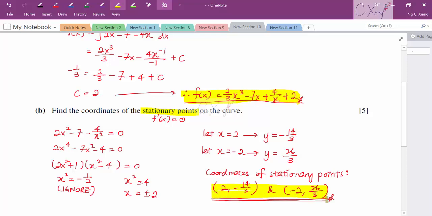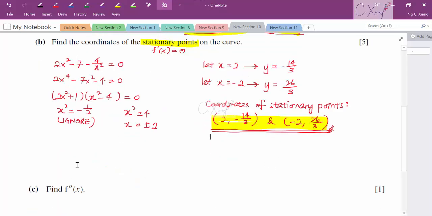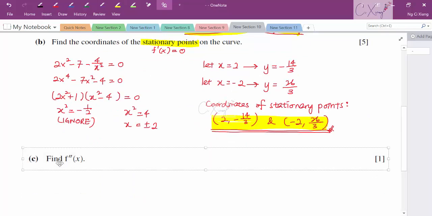Alright, okay, then next, for part C, they want us to find f double prime x. Again, I will write out the original function for f prime x, where I have 2x squared minus 7 and minus 4x to the power negative 2.